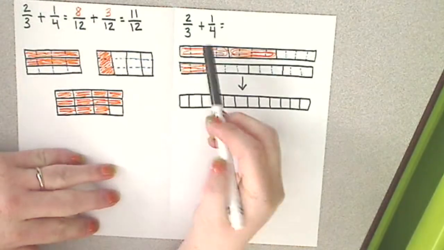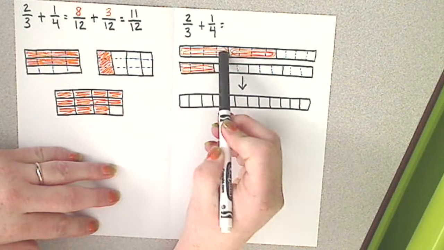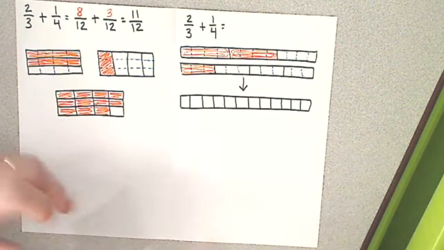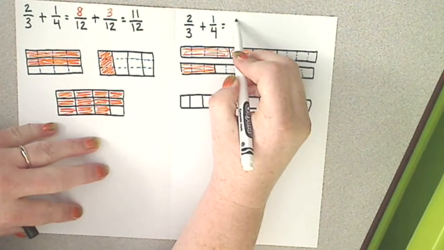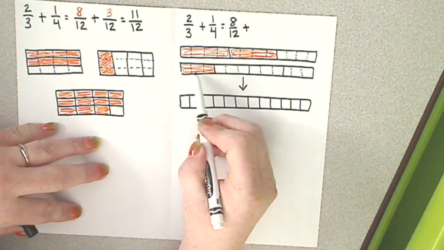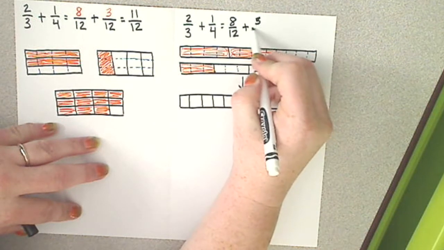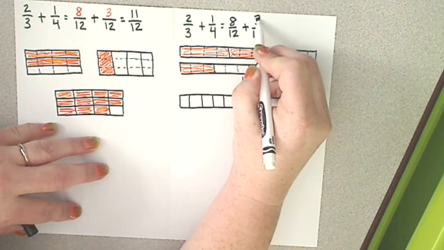So I took my 2/3 and I turned it into 8 shaded out of 12. And I turned 1/4 into 3 out of 12. That was a bad 3, I'm sorry.